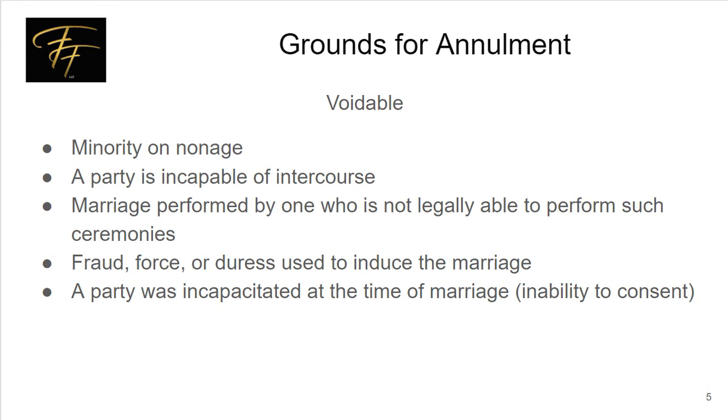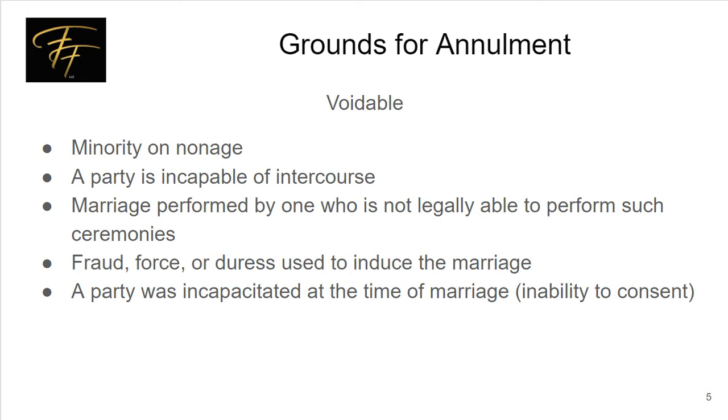Voidable. These are the ones that we discussed that could be voided if, once discovered within a reasonable time, the party who discovered it went to the court and asked the court to make the marriage void or to annul it. So that's minority or nonage. So if, say, a 15-year-old marries or someone marries a 15-year-old, not knowing how old the 15-year-old is, or the 15-year-old marries someone who's a lot older but doesn't realize they don't have the capacity or right to marry at that point, then that marriage is voidable.